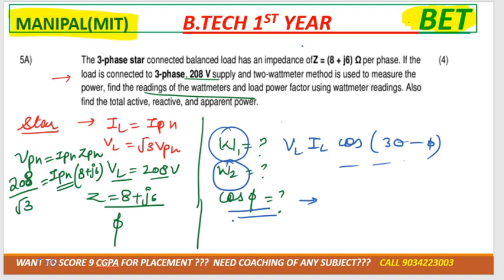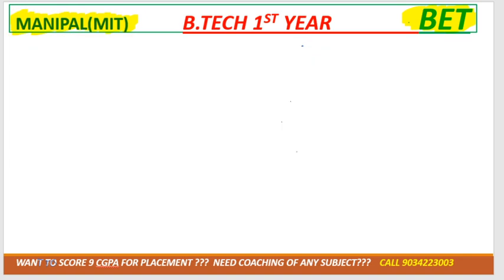Okay, and after getting cos phi, we can get active power, reactive power, and apparent power. You just need to write down the formulas, right?